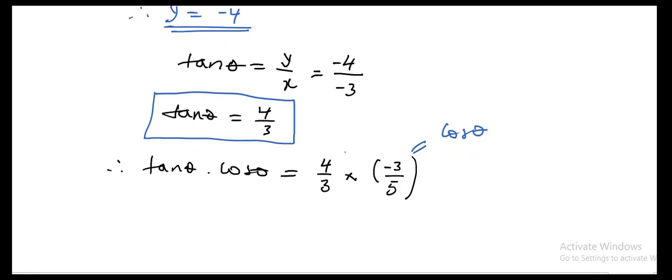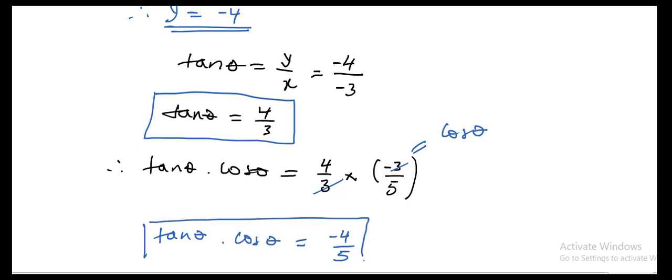Now as we solve this, you are going to have negative 4 over 5. This is the way you solve this kind of problem.